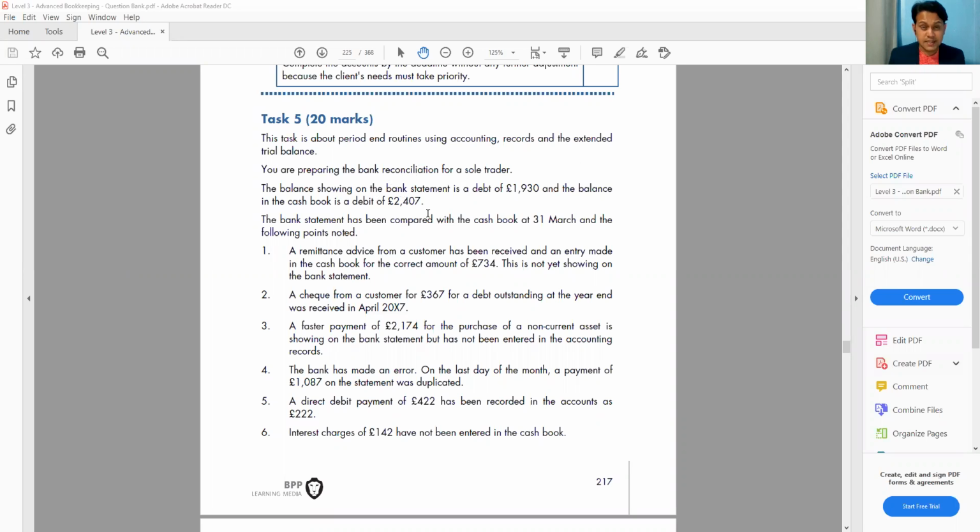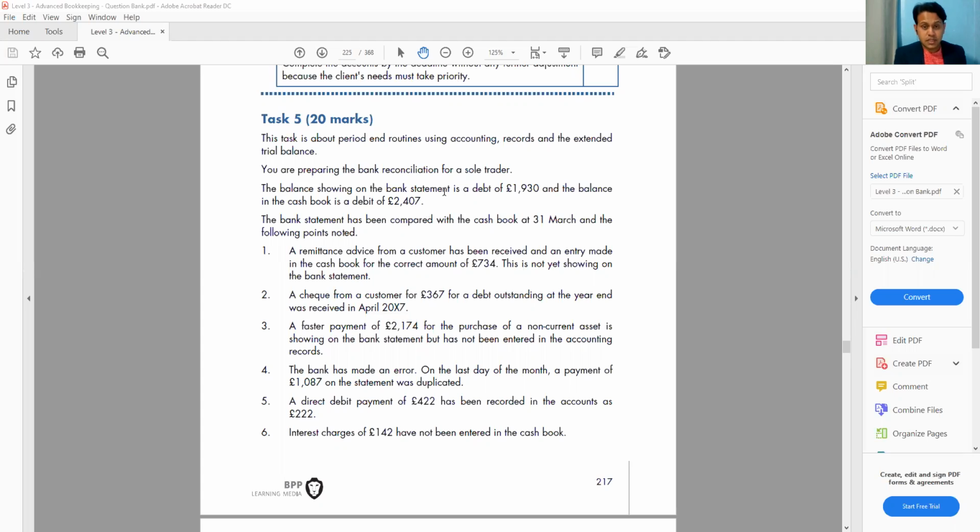The bank reconciliation deals with the difference between the cash book balance and the bank statement balance. For example, let's say I'm saying right now I have £5,000, but our bank says no, right now you have £7,000. When the balances don't match, we have to reconcile it. And this is called bank reconciliation.